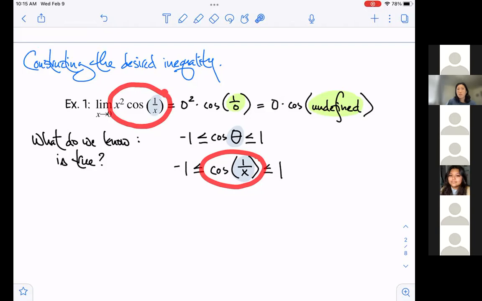What do I need to do to make the filling look like the function? Multiply it by x squared. Yeah, multiply it by x squared.